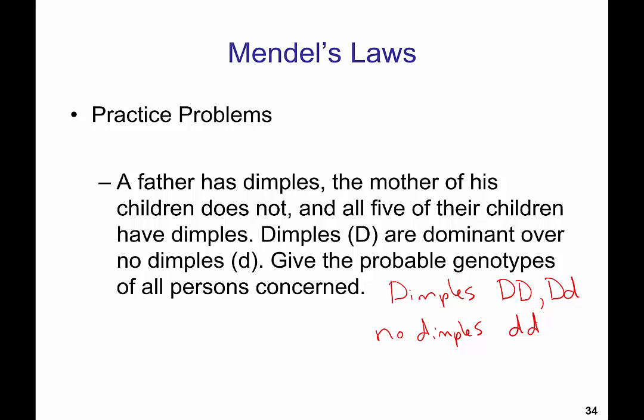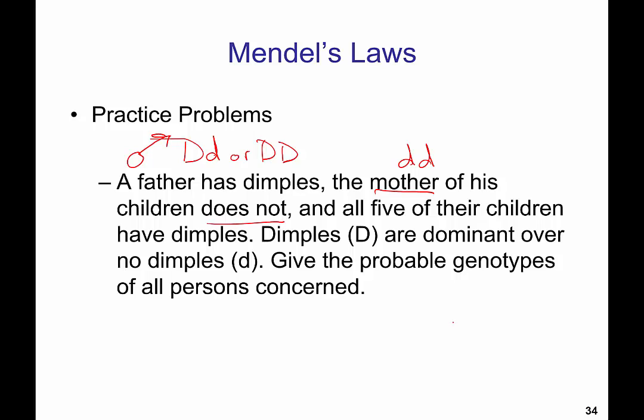This already tells us the genotype of the mother. If the mother does not have dimples, she's going to be little d, little d. So we'll start with what we know. The father could be either heterozygous or homozygous dominant. The mother, the only way to not have dimples is to be homozygous recessive.